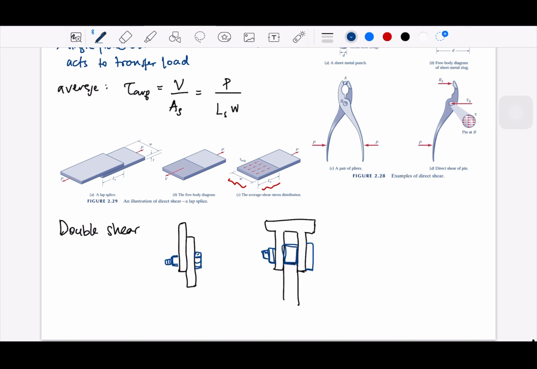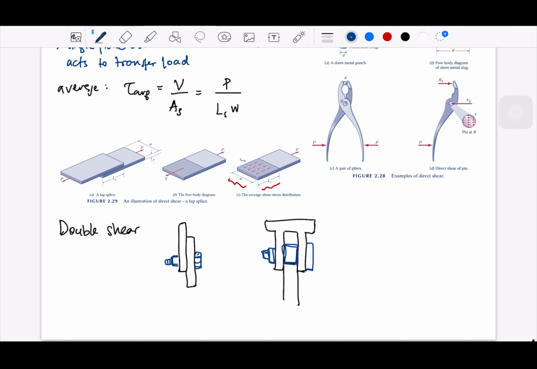So in here you have two sections in between. Here are just these two planes put together and put a bolt here.